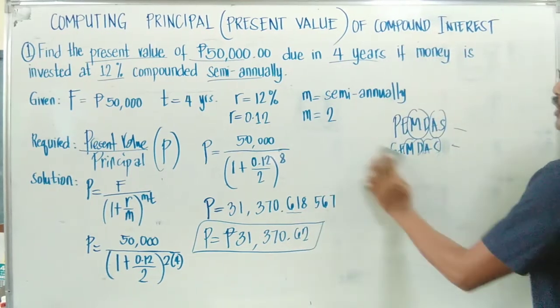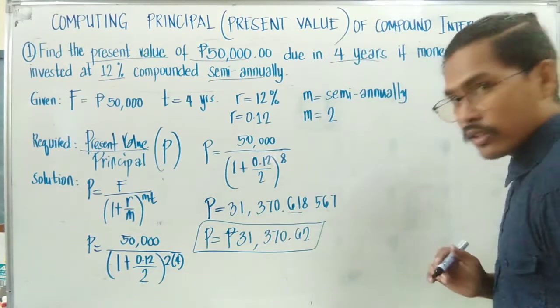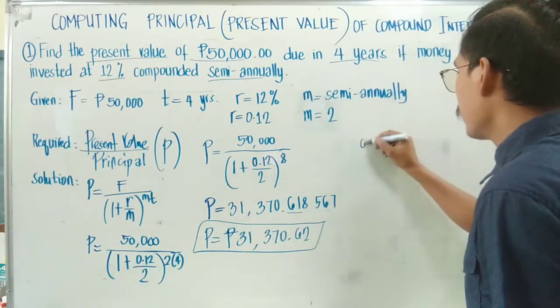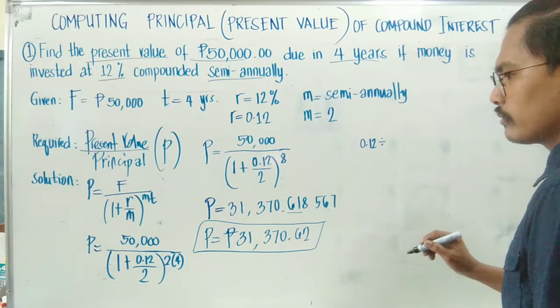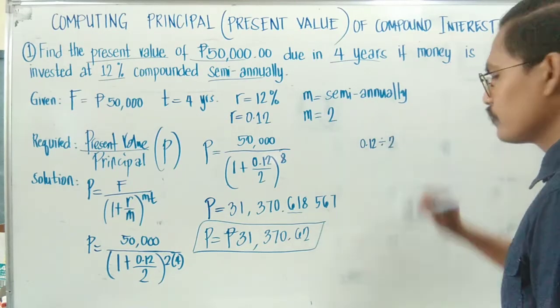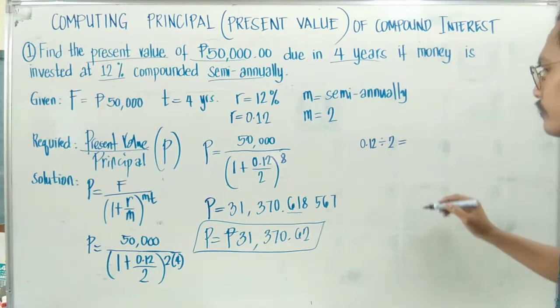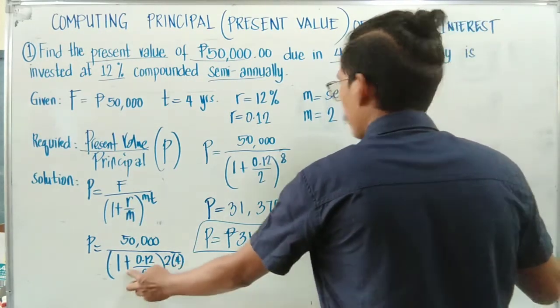Okay? So let's go back to your problem. We have this one. Using your calculator, you can input first 0.12, then press divided by 2, then press equals. It will give you a certain value.